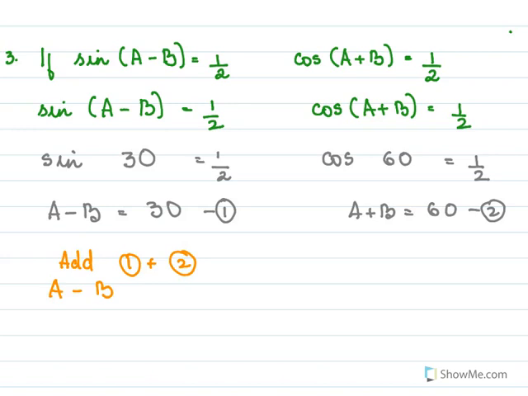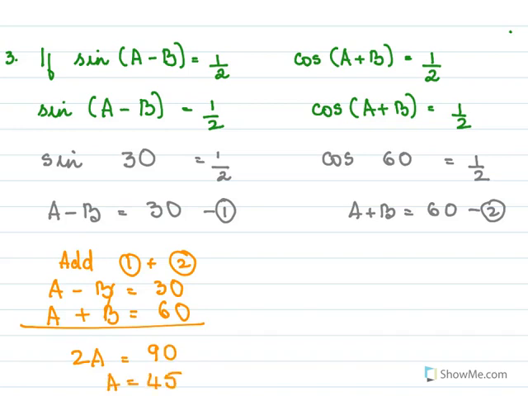So a minus b equal to 30, a plus b equal to 60, b cancels off, 2a equal to 90, so a is 45. Now since we know a is 45, let's find b.